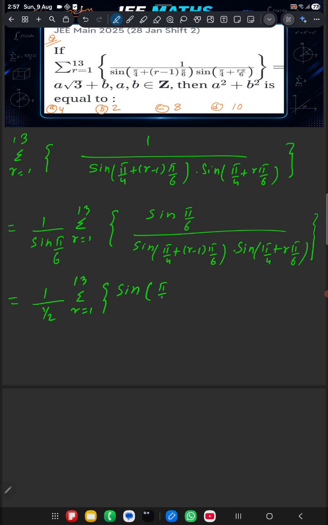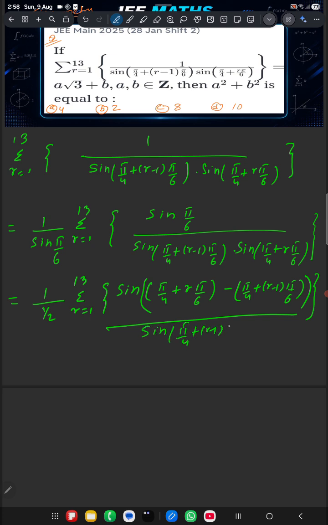So this way we have written sine pi by 6 as sine of [(pi by 4 plus r pi by 6) minus (pi by 4 plus (r minus 1) pi by 6)], which on simplification will give you sine pi by 6, divided by sine of pi by 4 plus (r minus 1) pi by 6 into sine of pi by 4 plus r pi by 6.